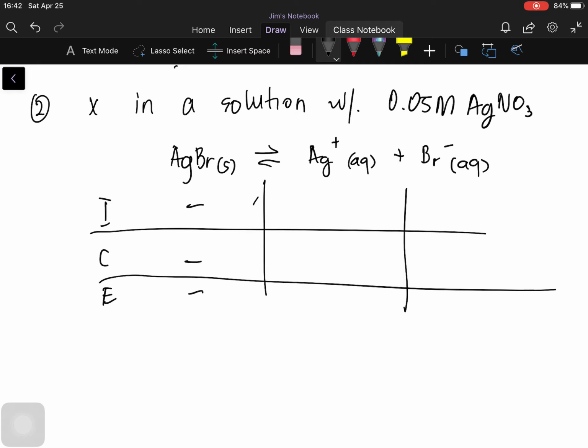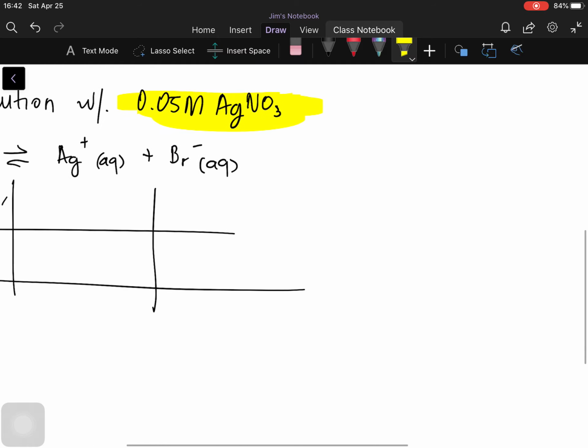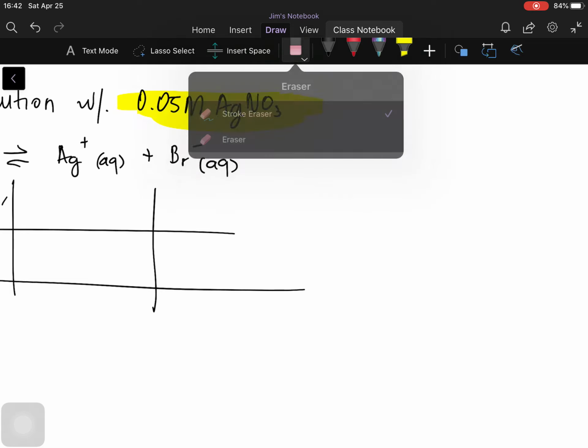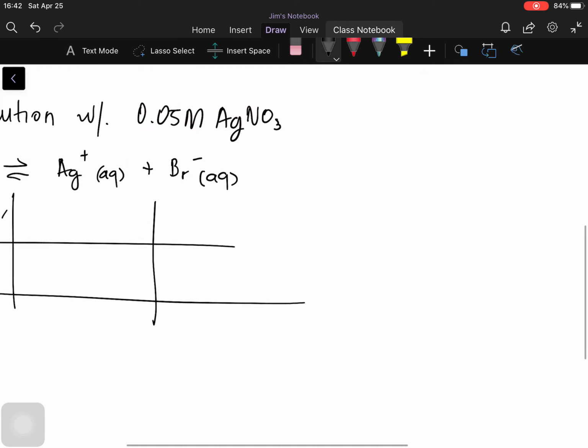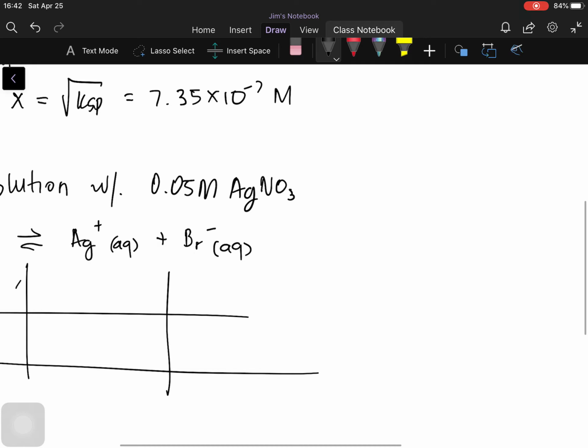Looking at the problem, the solution already contains silver ions. Where did that come from? That came from this part. Our 0.05 molar silver nitrate solution will dissociate into silver ions and nitrate ions. Since we have silver nitrate in the solution already, that will dissociate into silver and nitrate ions.